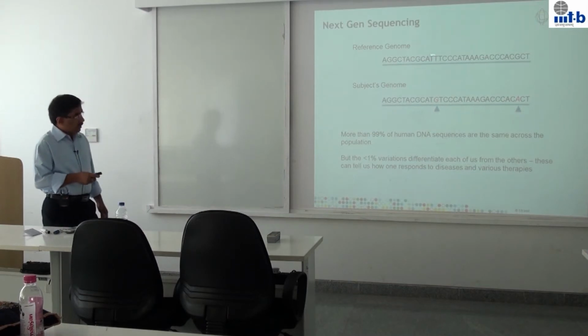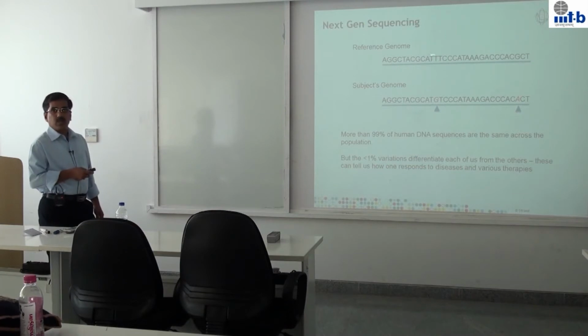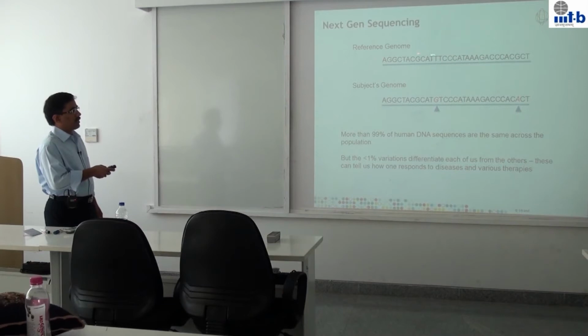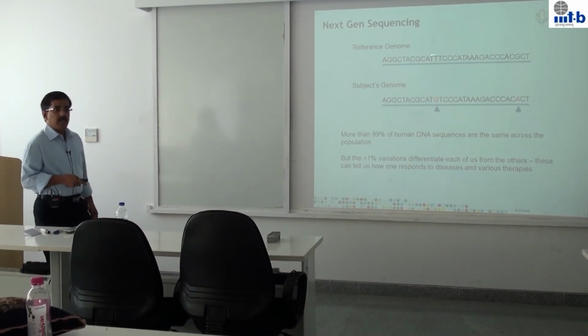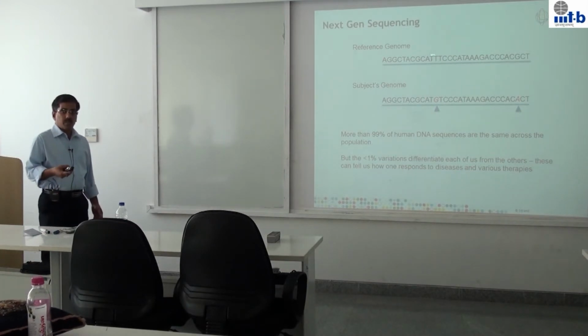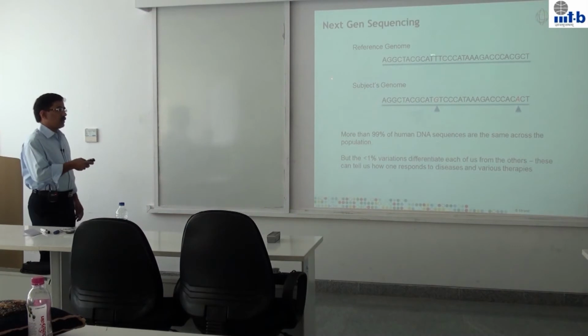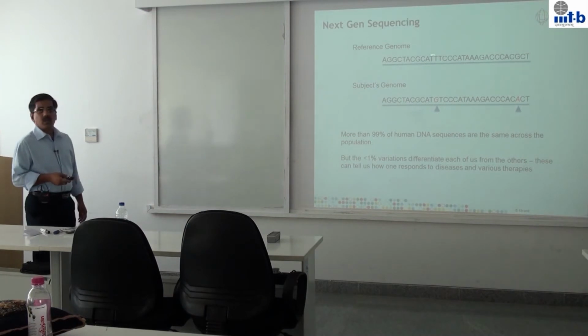The reference genome for the human cell is 3 billion long. As you can see, it will be a stream of characters like A, G, T, C. If you take any particular person and sample the genome, you will also have another sequence like this. But the most important fact is that most of this genomic sequence is common across all people.